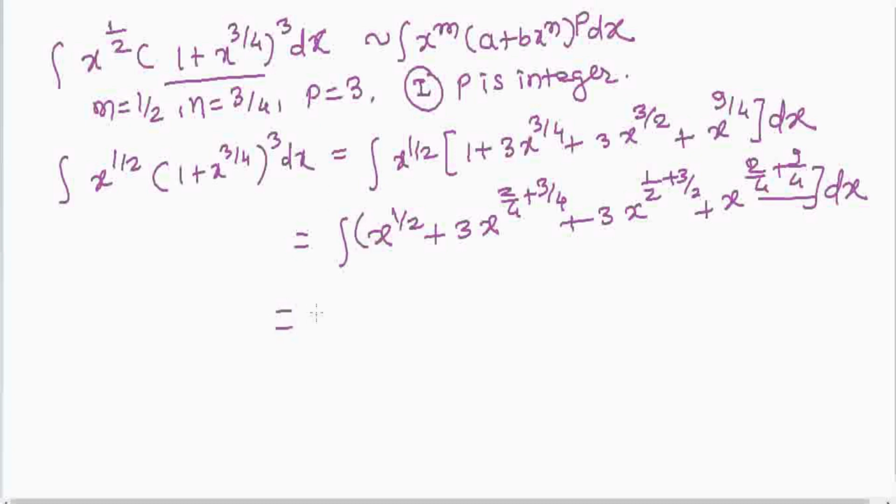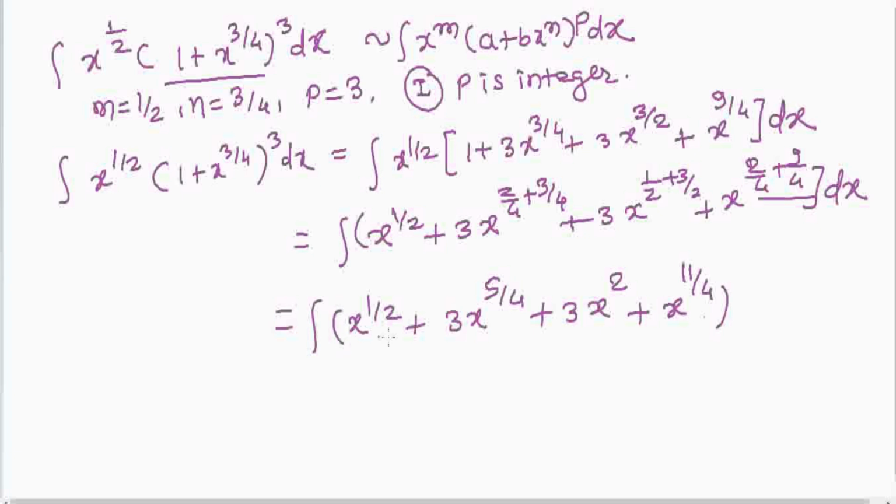This equals the integration of x raised to 1 by 2, plus 3 into x raised to 5 by 4, plus 3 into x raised to 4 by 2, that is x squared, plus x raised to 11 by 4. Now this is easily integrable.